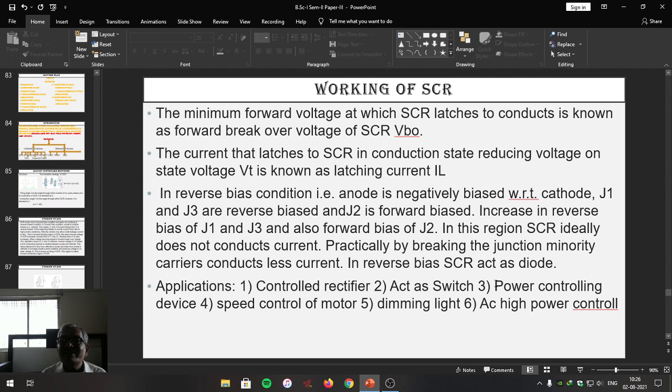Next, SCR acts as a power controlling device. One can control the power through the load. SCR is used for speed control of motors. In industry, the speed of the motor can be controlled by controlling the gate current and also by controlling the anode current. It is used as a dimming light.